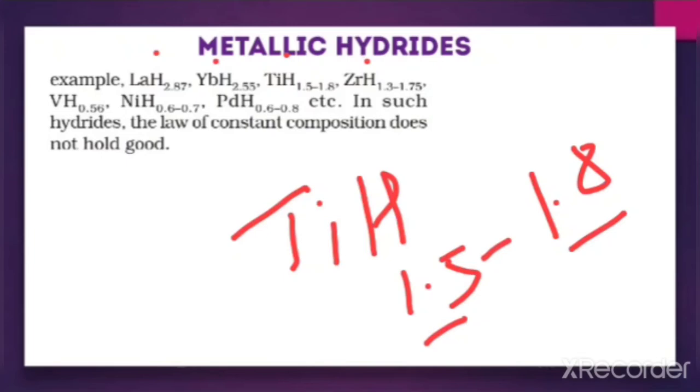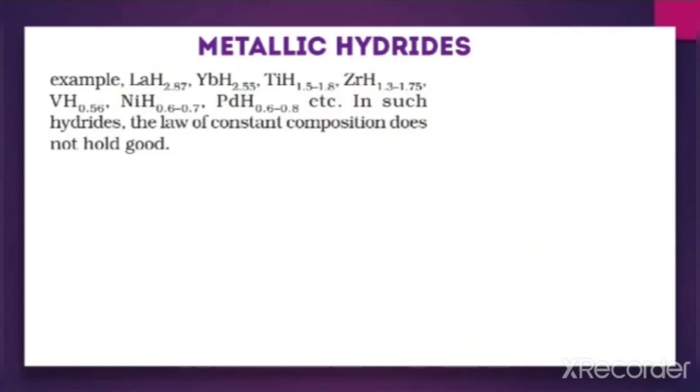That means these compounds are non-stoichiometric compounds, where the composition is not fixed. These compounds are non-stoichiometric because their composition varies with temperature and pressure. That's why you can find the values in decimals, as shown in the different examples given here.